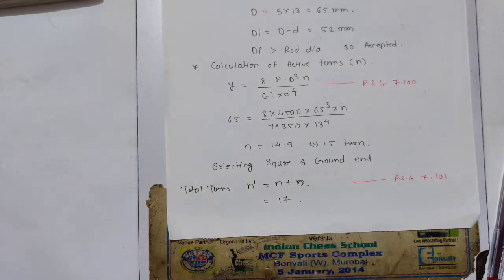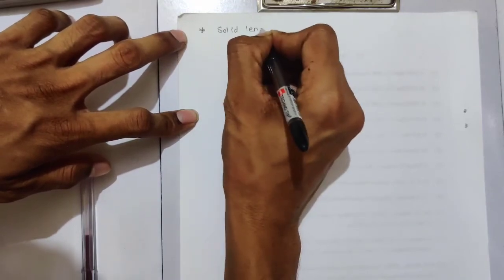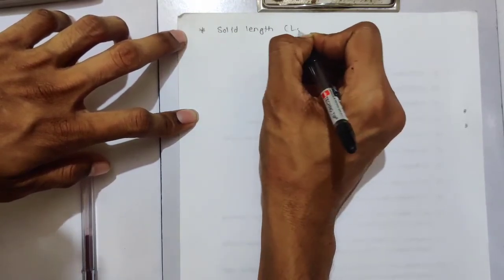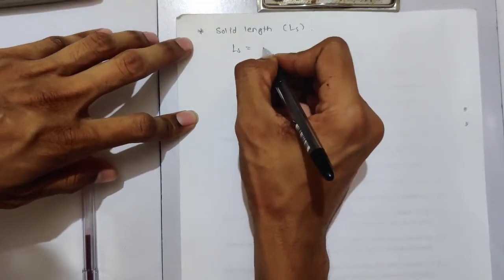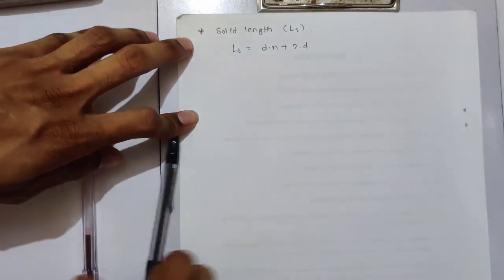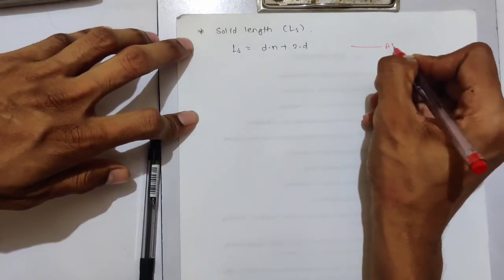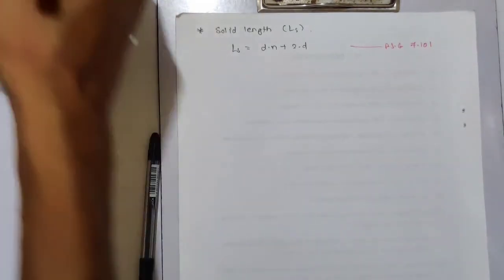Now we can go for solid length and free length. So let's start with solid length, Ls. We know the formula. Ls is equal to d into N plus 2 into d. Again from PSG 7.101, the same table. One more time I will show you the table.